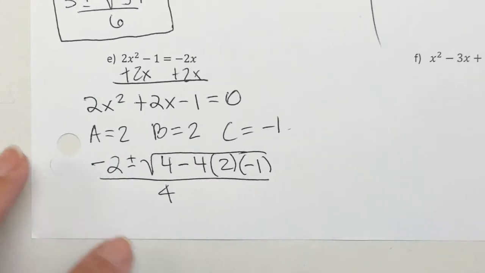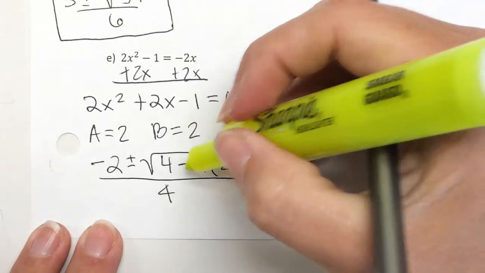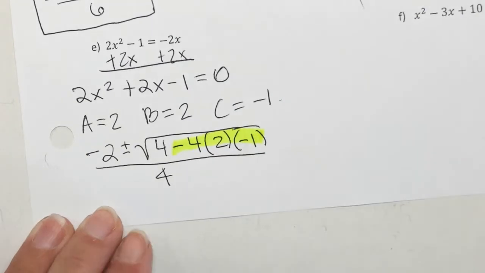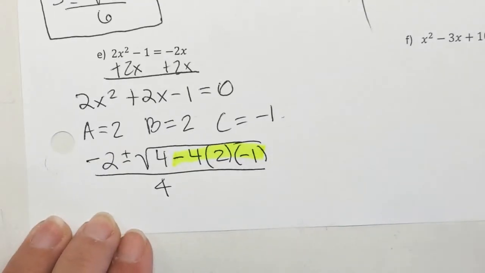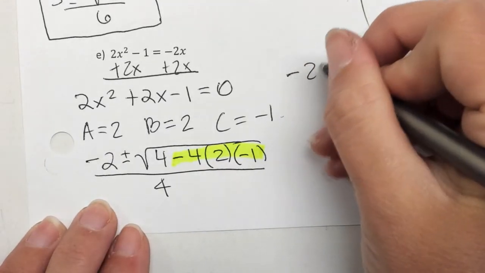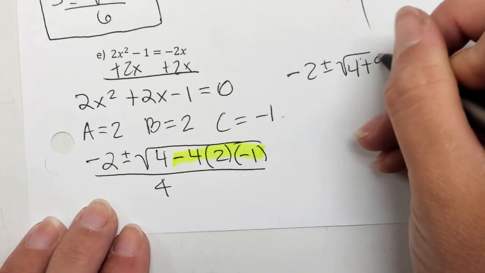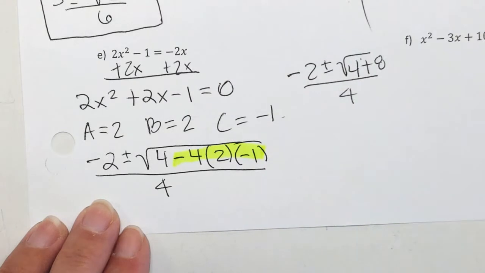Any questions about that part? Alright, again, these 3 terms right here, go ahead and multiply negative 4 times 2 times negative 1. That's going to give us what? 8. Good. So we'll have negative 2 plus or minus the square root of 4 plus 8, all over 4.